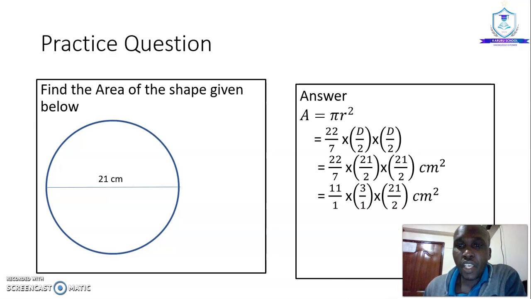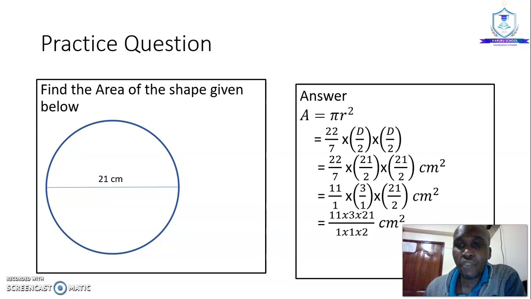Upon simplifying, we are able to divide the denominator by 7 to get 1, and the numerator 21 divided by 7 gives 3. Then we divide 22 by 2 to get 11, and divide 2 by 2 to get 1. The latter radius remains as is, 21 divided by 2.